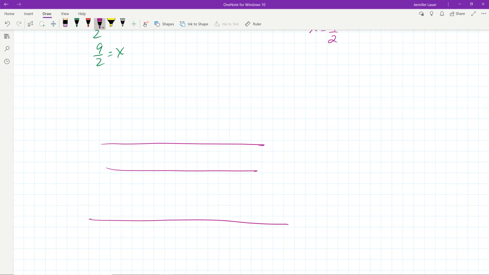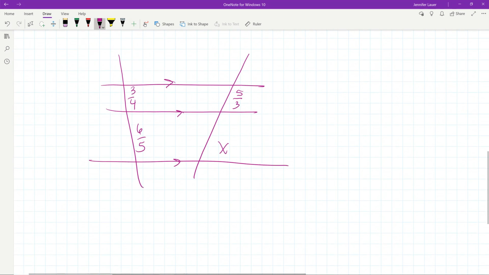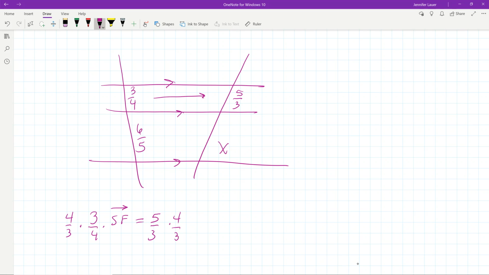Okay, so again, we see parallel lines. That screams, oh, there's parallel lines cut by a transversal. So I'm going to call this 5/3, x, this is 6/5, and this is 3/4. Once again, I'm going to show you scale factor, and then proportion. For scale factor, we start with the two we know, and we say 3/4 times some scale factor is equal to 5/3. To get our scale factor alone, I'm going to multiply both sides by the reciprocal.